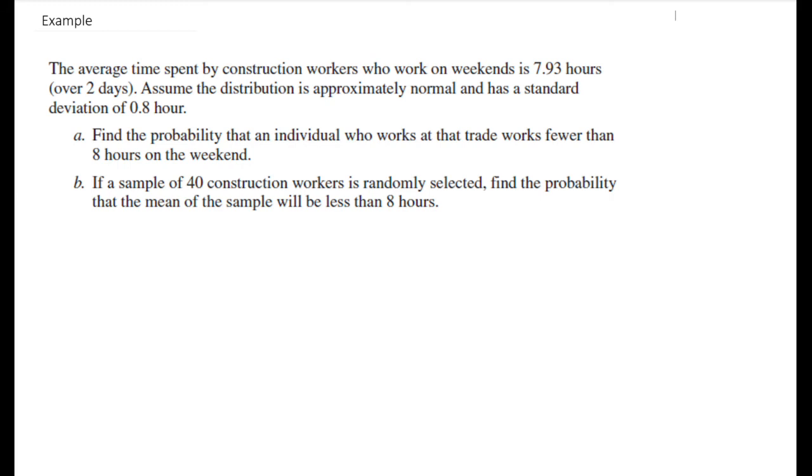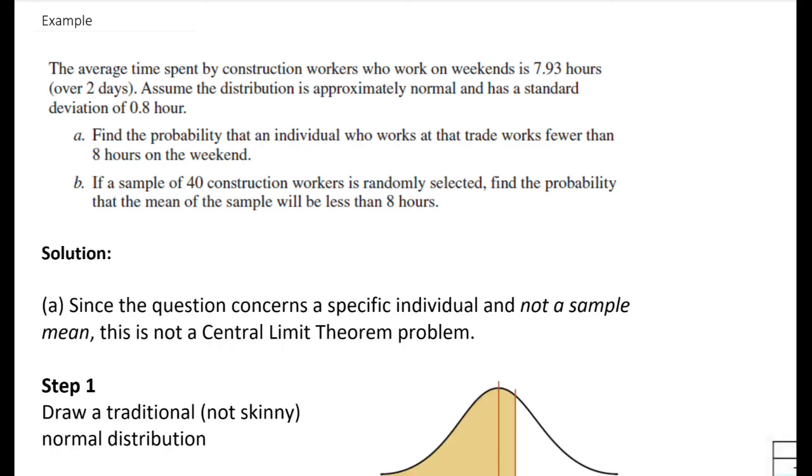All right, so let's look at the first problem. Notice that for part A, they're asking for the probability that an individual who works at that trade works fewer than 8 hours. So they're not looking at a sample mean. They're not looking at a sample. They're looking at a particular individual, which means that this is not a central limit theorem problem.